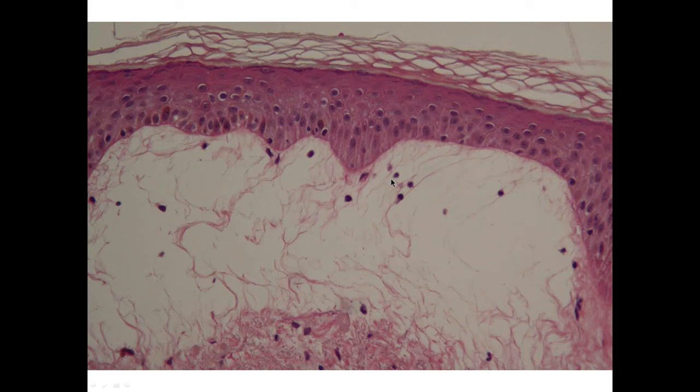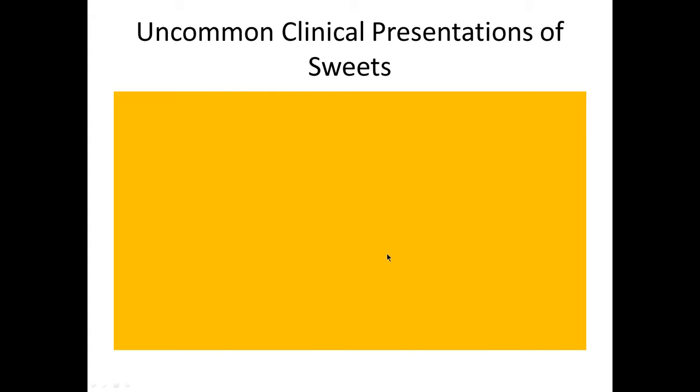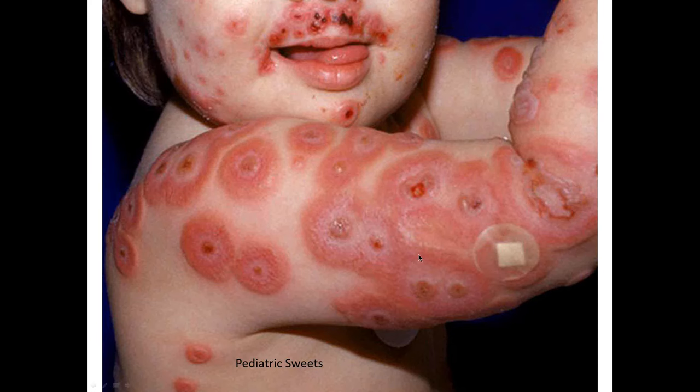Again, if you look at this area here, there appear to be a reasonable number of eosinophils in this infiltrate too. I did treat her with both dicloxacillin and with prednisolone, and this was the result after about 10 days. The edema is very, very much less. There are a few other little uncommon presentations of Sweet's. This is pediatric Sweet's.